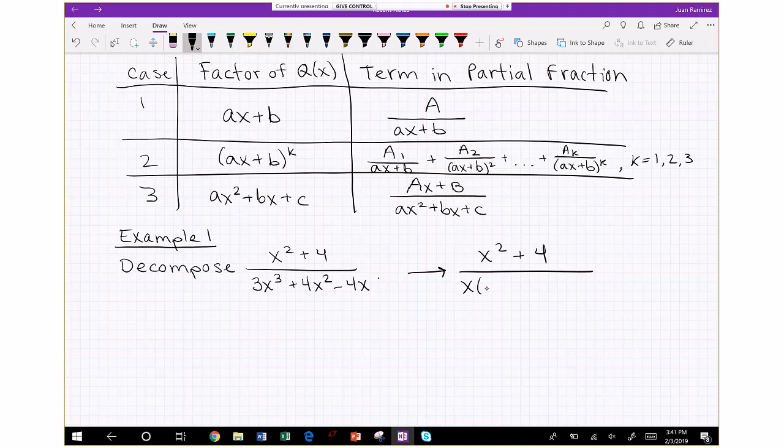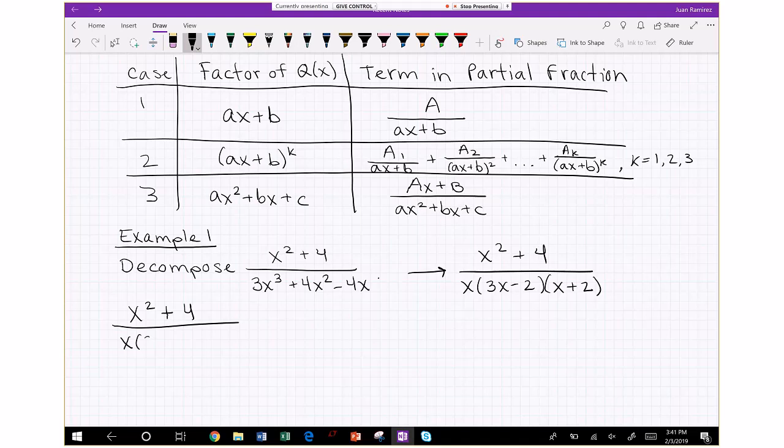So I think I could do 3x minus 2 and x plus 2. Good old algebra days.